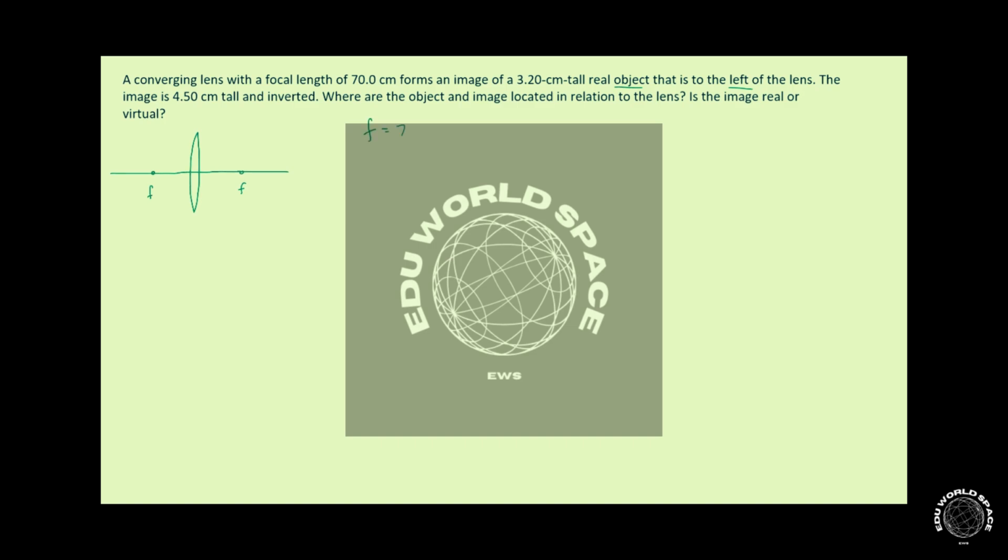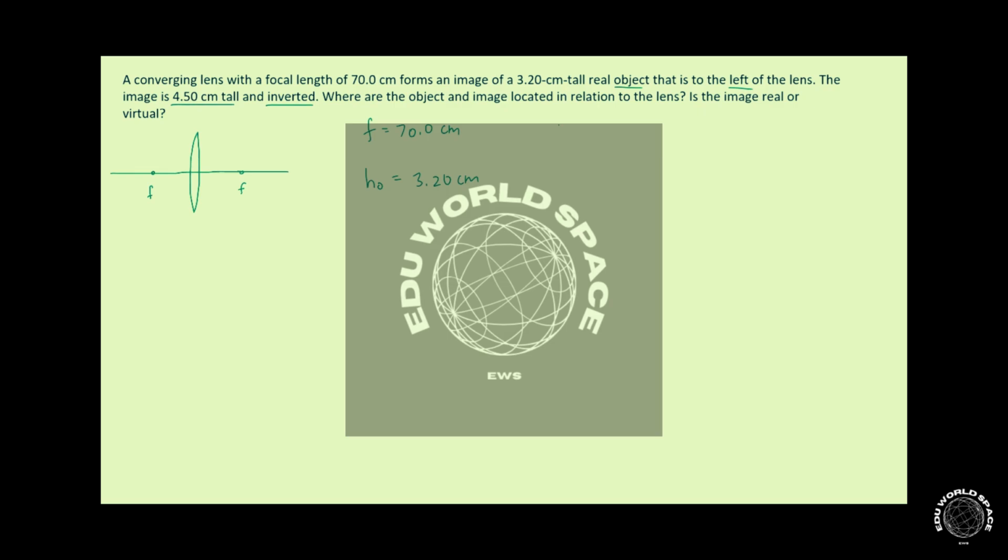We're given that that focal length is 70.0 centimeters. And we are told that the object height is 3.20 centimeters tall. And then we're told that the image is 4.5 centimeters tall and inverted.